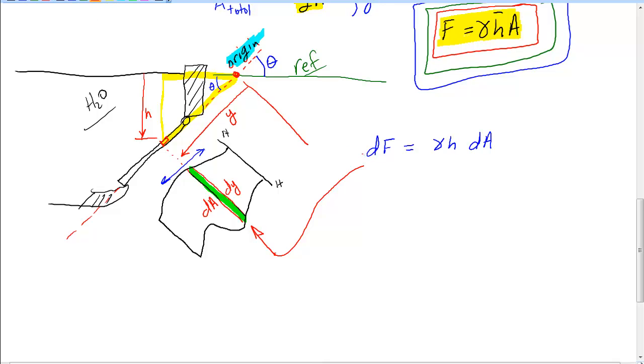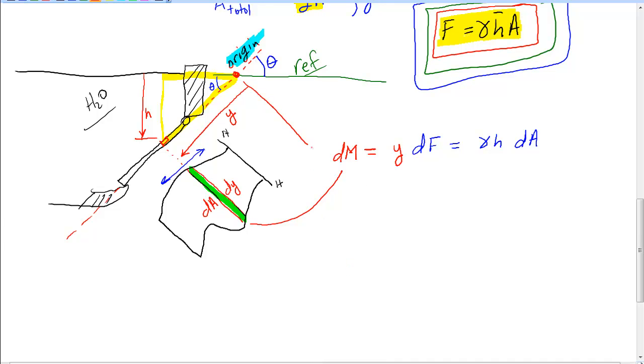So if I want to know the dM, the d moment, then this is a d moment from this green strip here. It's nothing more than y times dF. The distance down times this strip. Nothing more than y. That's all it is.